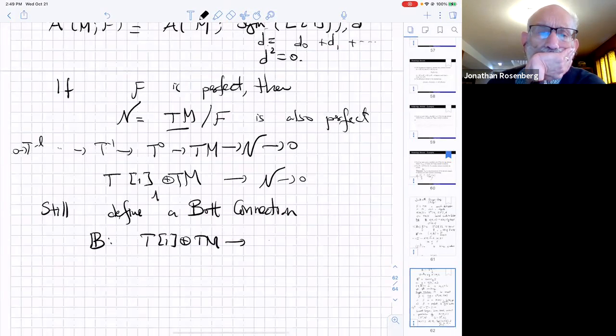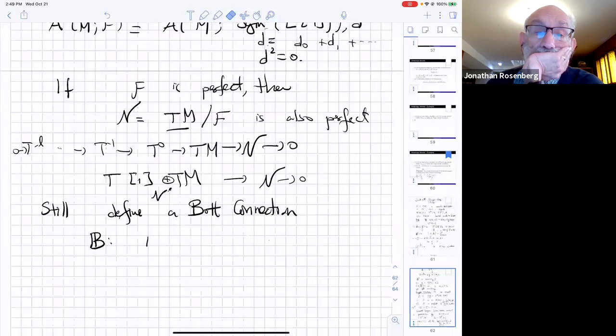Let's call this N dot. This is T dot shifted by 1 plus Tm, and that's what I'm calling N dot.